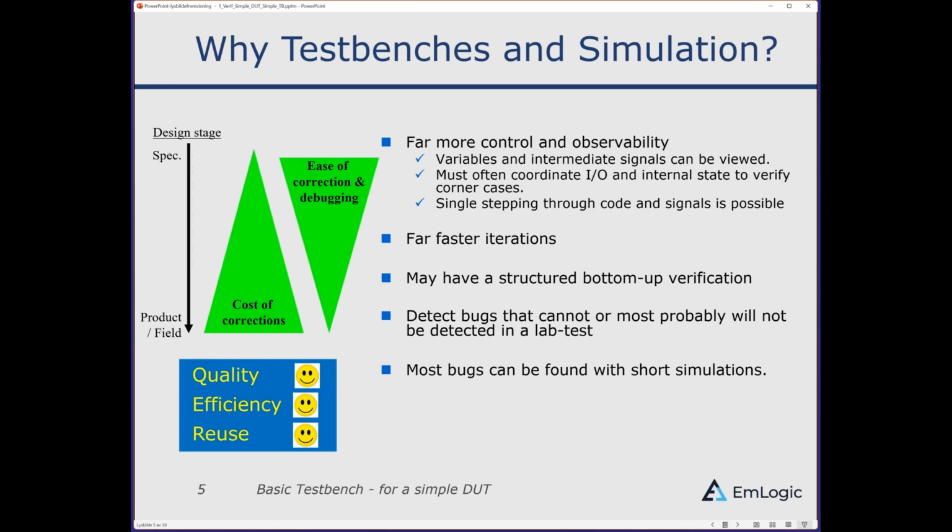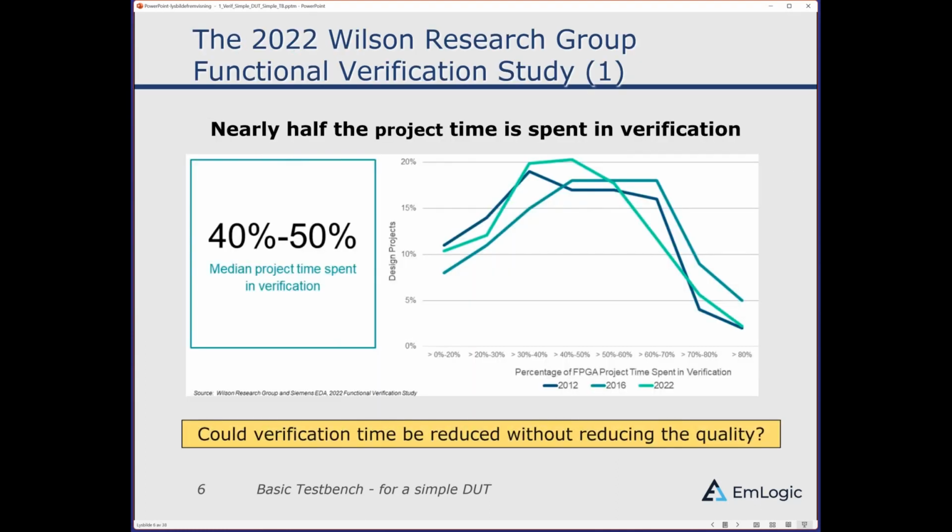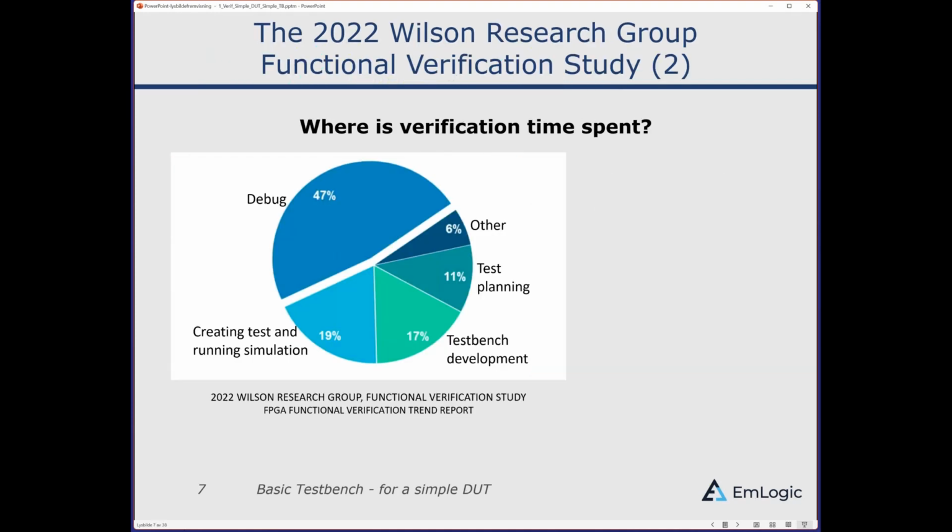Contrary to what lots of people think and claim, most bugs can be found with relatively short simulations anyway. There are, of course, cases where 100% simulation could take forever, but for those cases, you really have to make an active decision on when to go from simulation to lab testing.